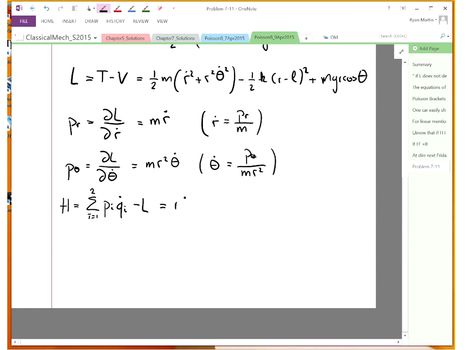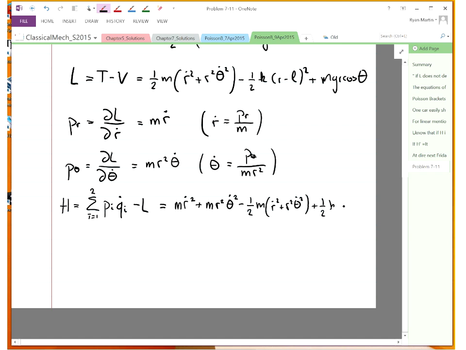So PR, that's m R dot, and then R dot is R dot, obviously, so that just squares it. The second term is P theta, so that's m R squared theta dot, multiplied by theta dot, that just makes it squared. And then it's minus the Lagrangian, so it's minus a half m times R dot squared plus R squared theta dot squared.